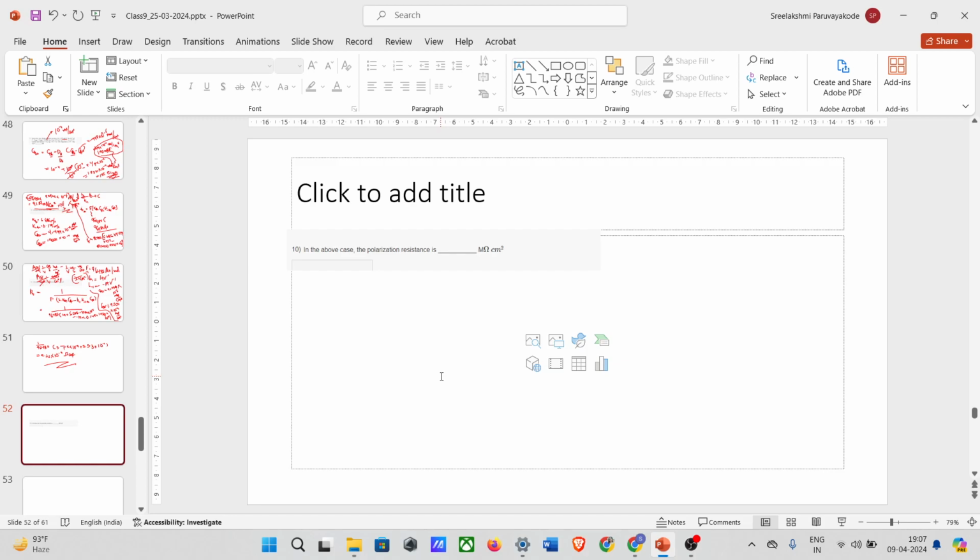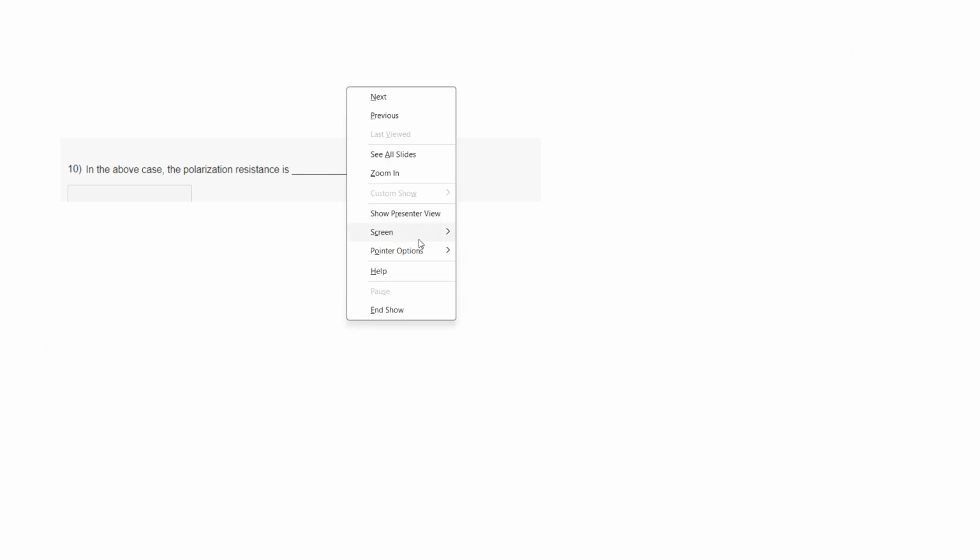The question is to find out the polarization resistance in the above question. So the first thing is to write the impedance equation. We know this is the case for finite boundary condition.